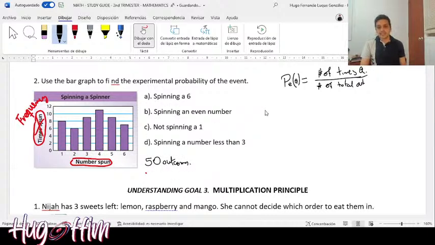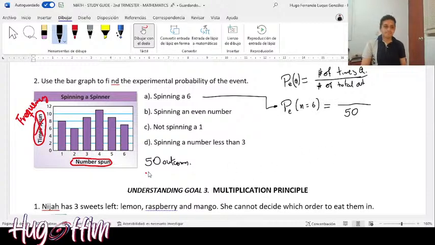So spinning a 6. If I want to know spinning 6, I just need how many times I spun 6 over 50. And 6 was spun 7 times. 7 over 50.